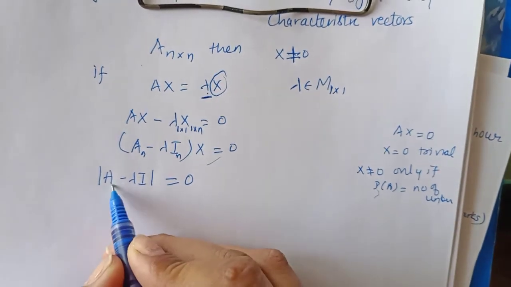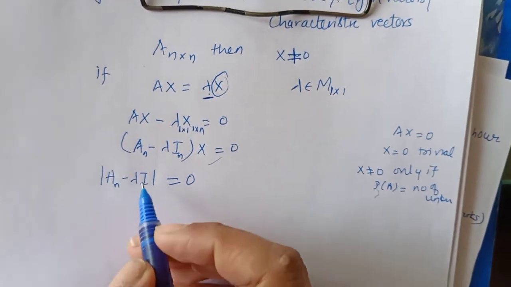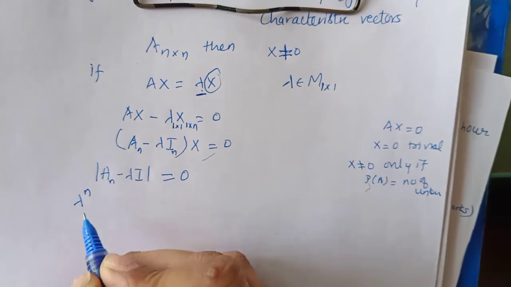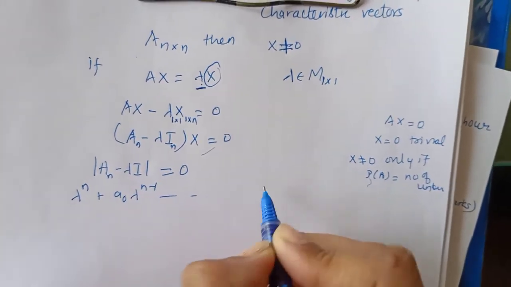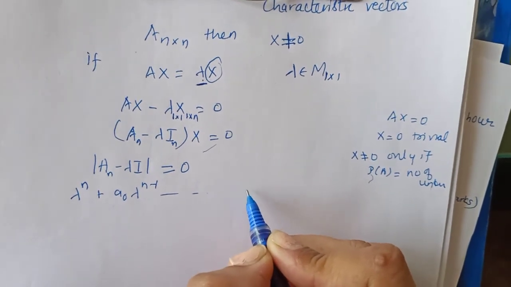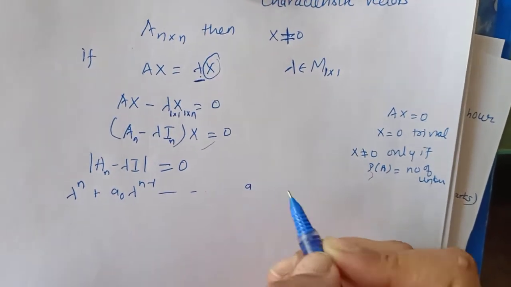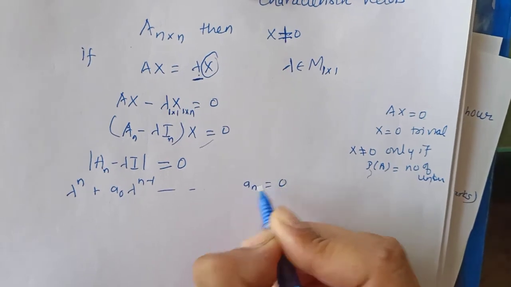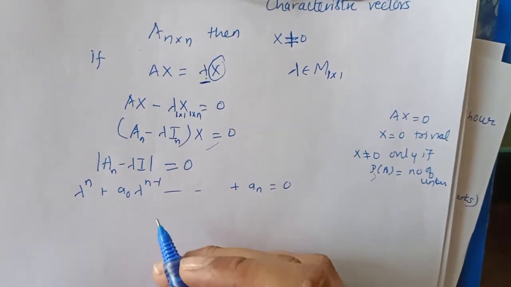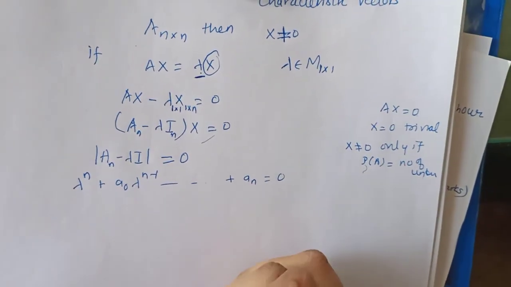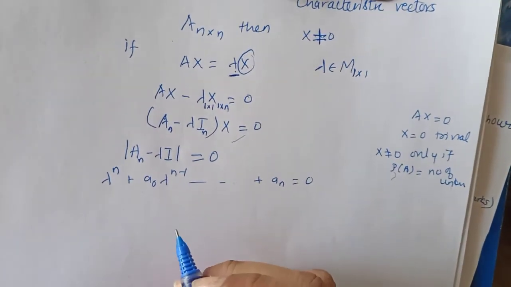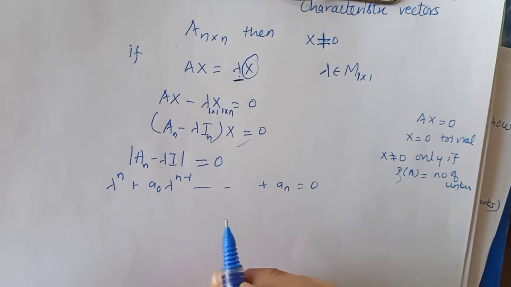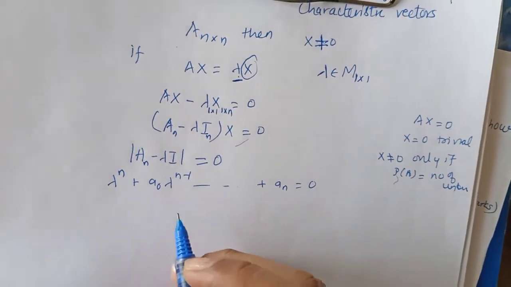So if matrix is of order n, you will obtain this equation in nth power of lambda. Something like this you will obtain this equation, up to some constant a, and this will be an nth order equation, and solving an nth order equation you will obtain n roots. So those roots will be the eigenvalues or characteristic roots of the equation.